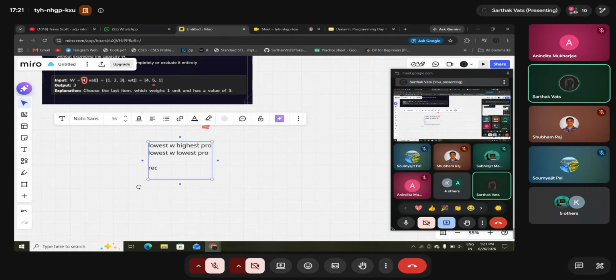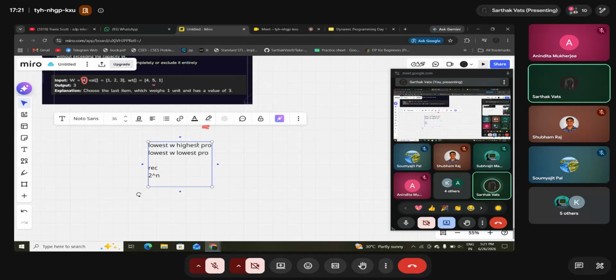For every index, if we try to take and not take, that's 2 to the power n, but that would be very, very slow. So we are going to optimize it using DP. We can break it into smaller subproblems and try to figure out how to solve them. I hope I am clear till this point.